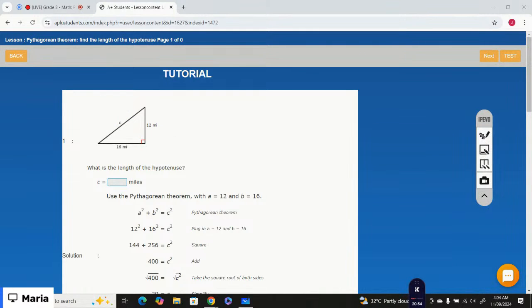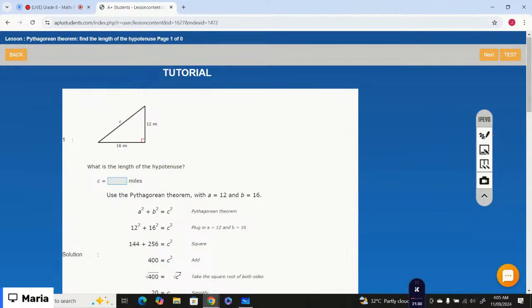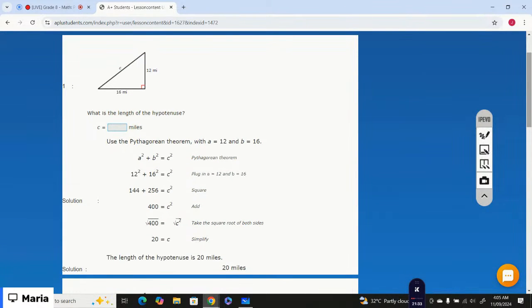The square of the hypotenuse is equal to the sum of the squares of the other two sides, right? Basically, the hypotenuse square equals the sum of the squares of the other two sides, right? That is the Pythagorean theorem.